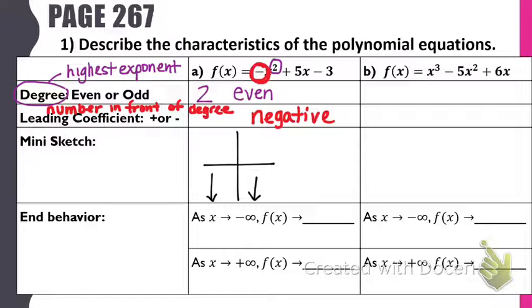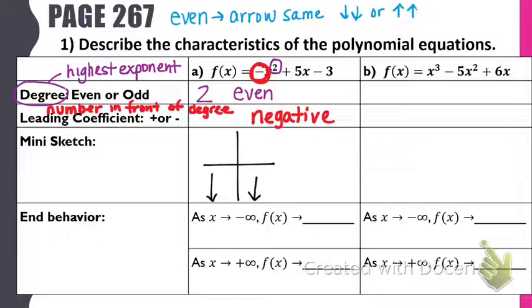Okay? So if it's an even degree, write this in your notes. Even degree, the arrows go in the same direction. Arrows are the same. So both sides are going to either go down or both sides will go up.